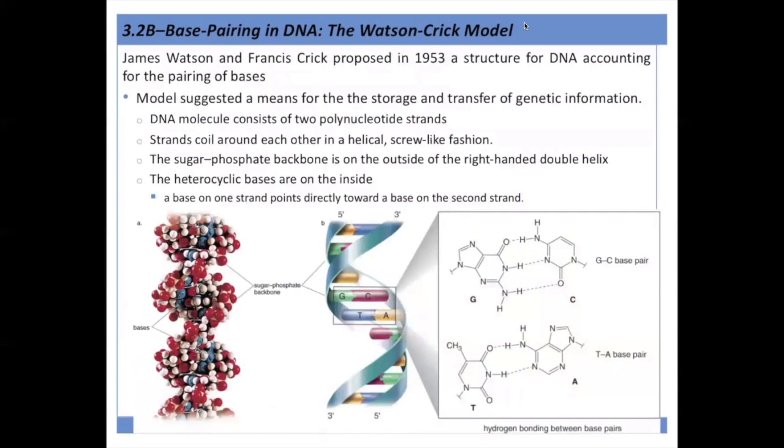Okay, so Watson and Crick first proposed this in 1953. The model suggests a means for the storage and transfer of genetic information. They realized that you can actually store the information. If I ripped these strands apart, I actually have copies.